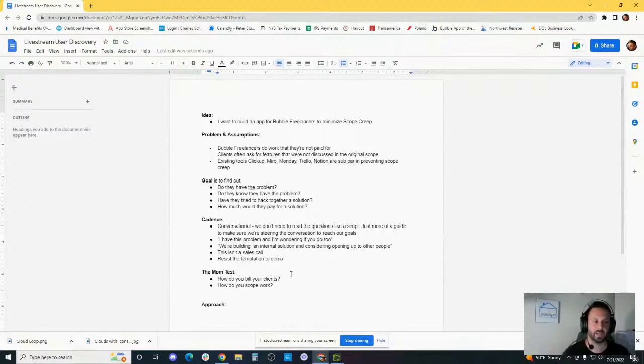A lot of times, and I get this all the time, and I try to avoid the question like the plague, when a founder has an app idea and they're coming to you to build it as the developer, 9 times out of 10 they're going to ask, how much is this going to cost and how long is this going to take? How much and how long?